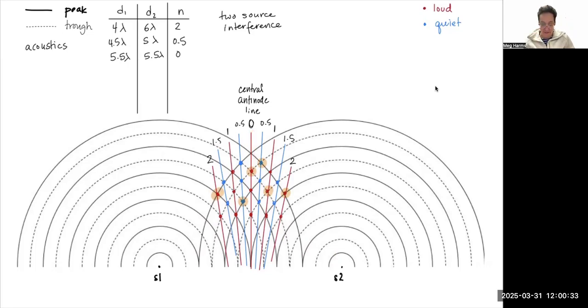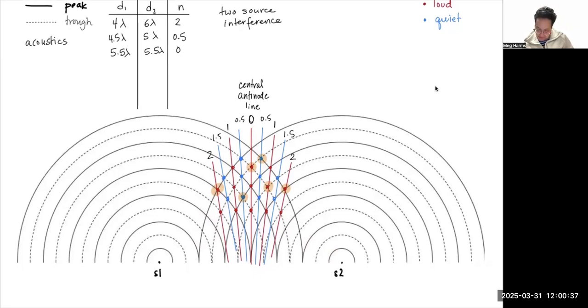All right, we're halfway through. We'll go to this quiet one right here. 1, 2, 3, 4, 5, 6 wavelengths from speaker 1, and 1, 2, 3, 4, 5.5 wavelengths from speaker 2.